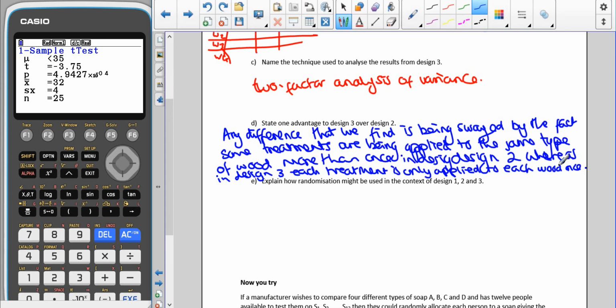So we're trying to explain how randomization might be used in context of design 1, 2 and 3.